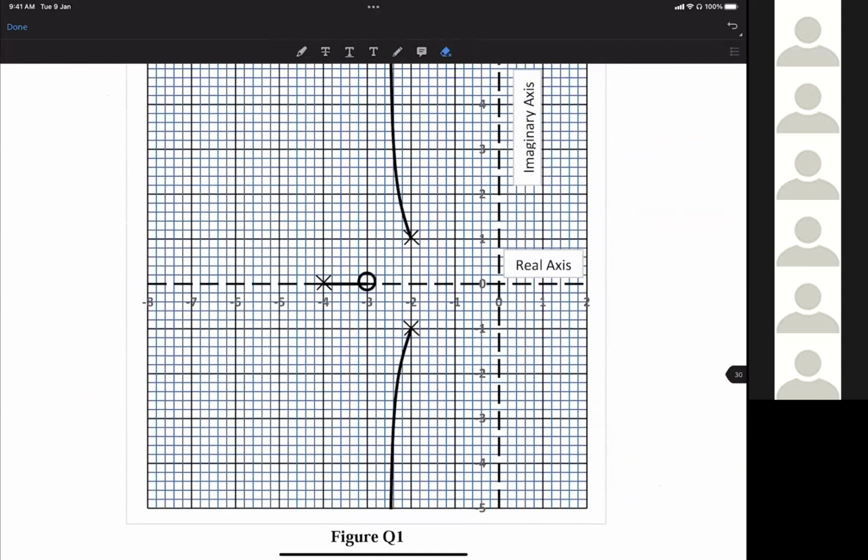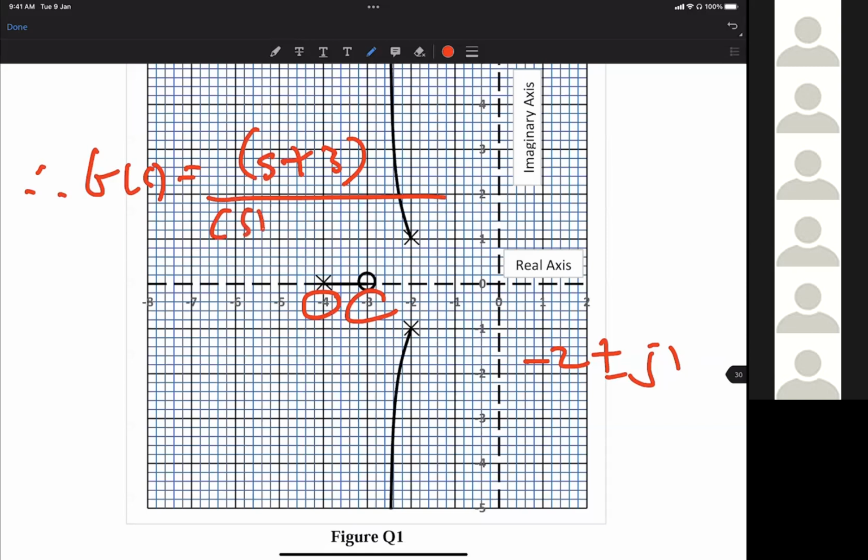If you see this plot here, we have 3 open loop poles: minus 4 and minus 2 plus minus j1, and a zero at minus 3. So G(s) is s plus 3 over s plus 4 times s squared plus 4s plus 5.